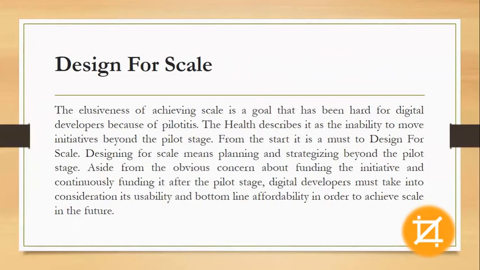Designing for scale means planning and strategizing beyond the pilot stage. Aside from the obvious concern about funding an initiative and continuously funding it after the pilot stage, digital developers must take into consideration its usability and bottom-line affordability in order to achieve scale in the future.